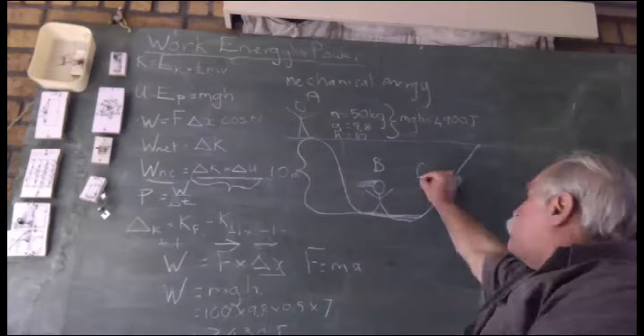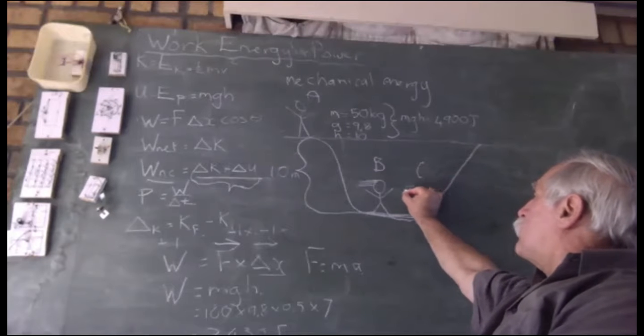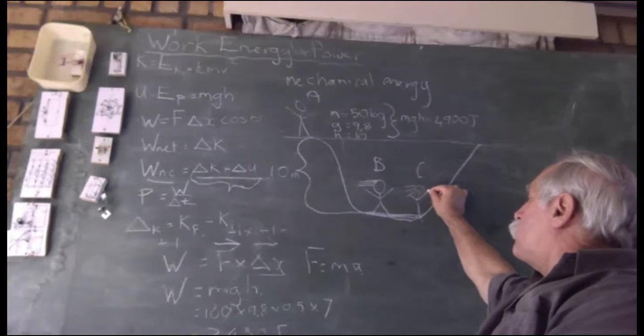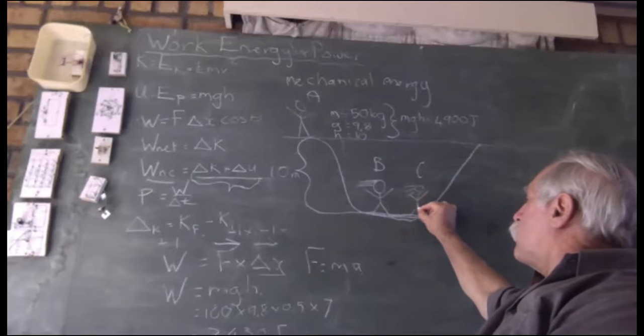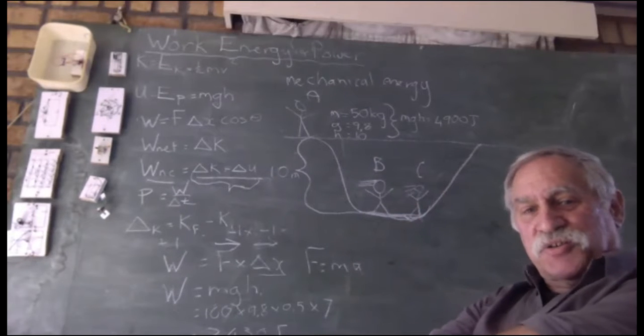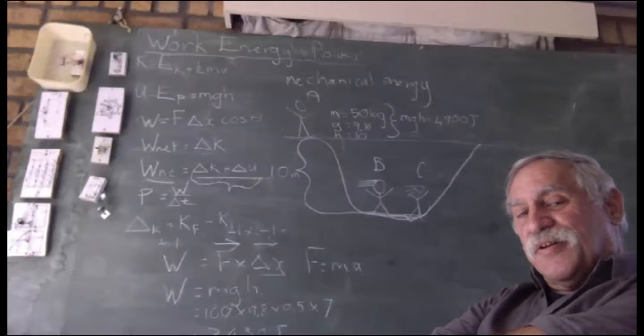Now Matsudiso, she skis along to C on a frictionless surface. How much energy has she got at C? Less. It's frictionless. I think she got less. She's still got the same amount.